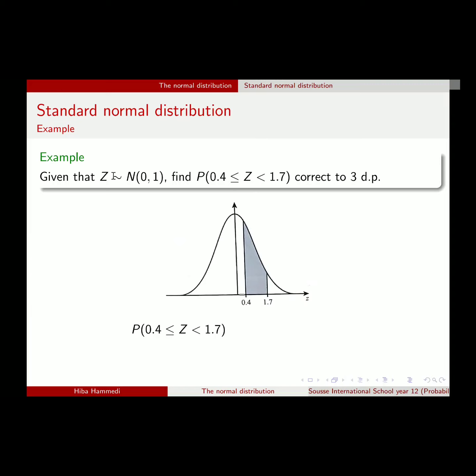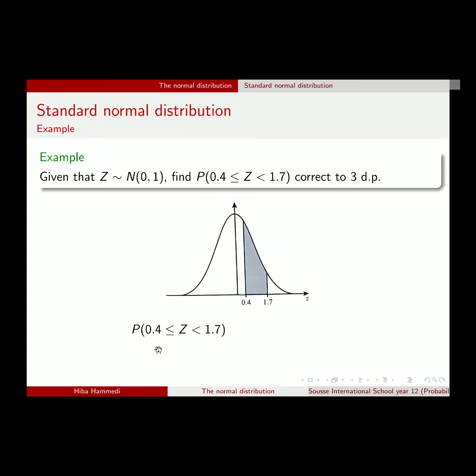So let's take another example. Z is standard normal distribution, and they ask you to find the probability that Z is between 0.4 and 1.7, corrected to 3 decimal places.